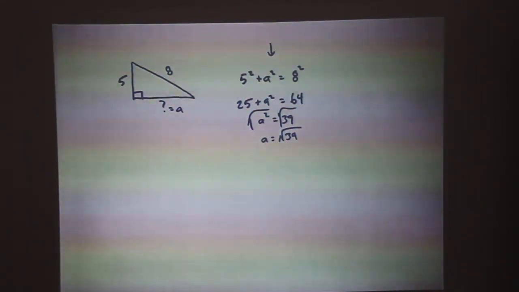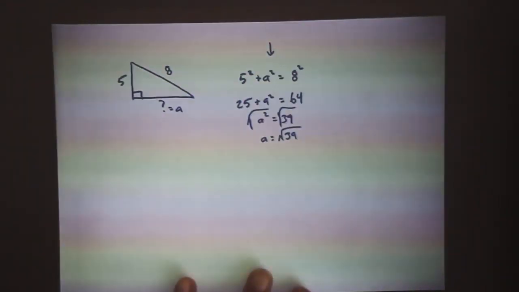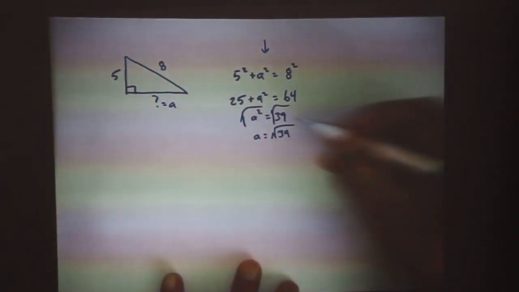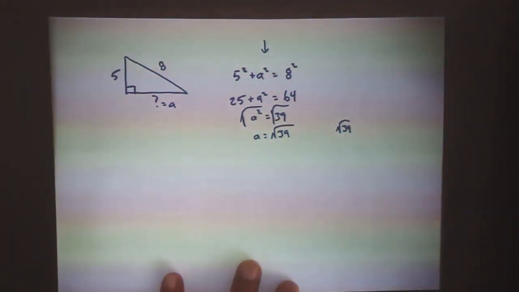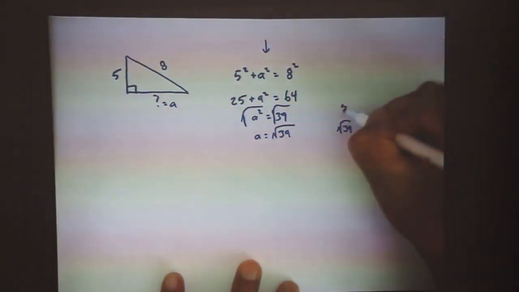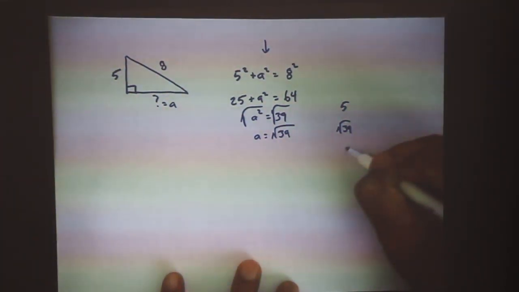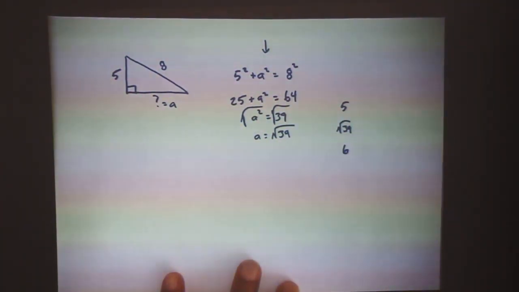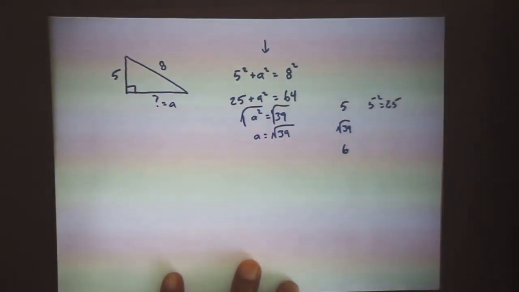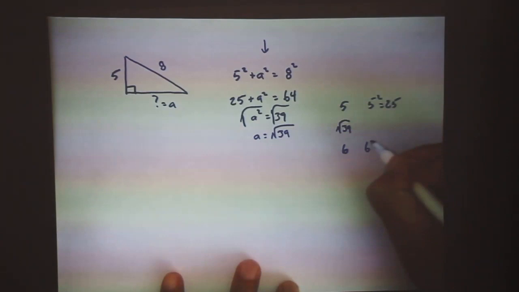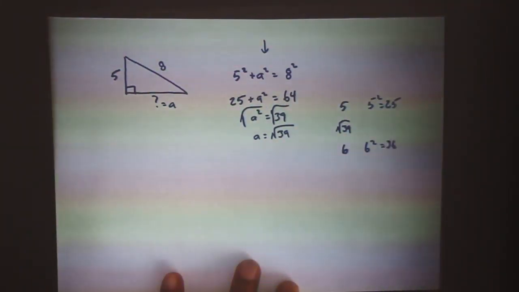And here's an example of something that's not a perfect square. You can leave your answers in radical form, or you can go to the calculator and find out what the square root of 39 is. But just for a discussion without the calculator, the square root of 39 should be a number somewhere between 5 and 6, because 5 squared is 25 and 6 squared is 36.